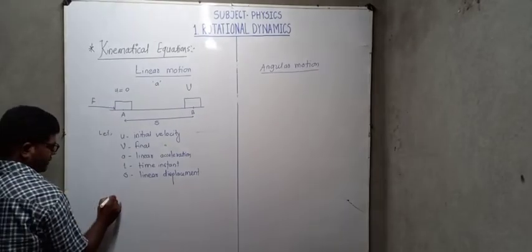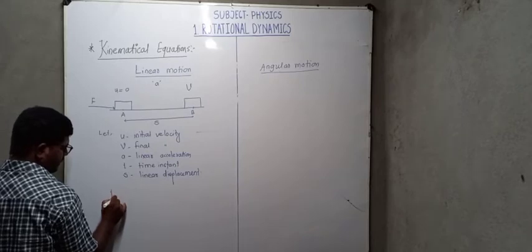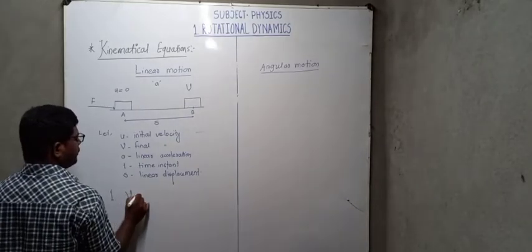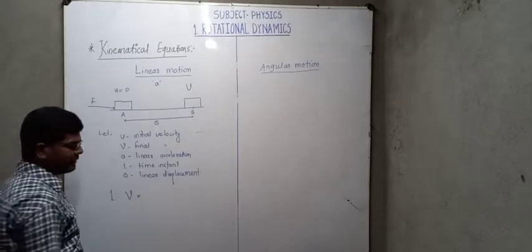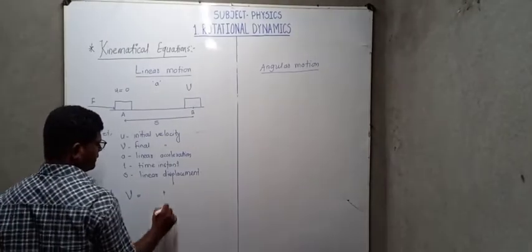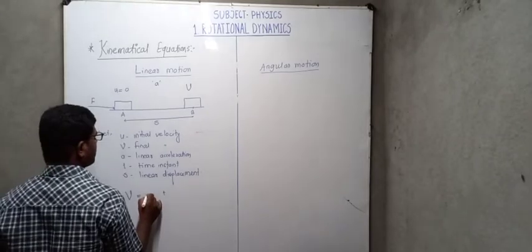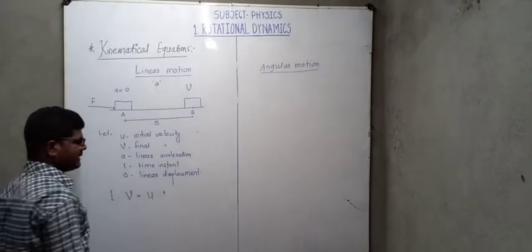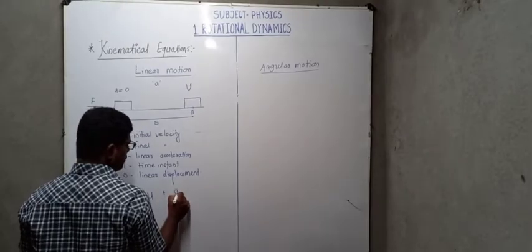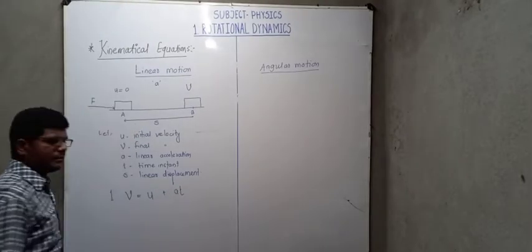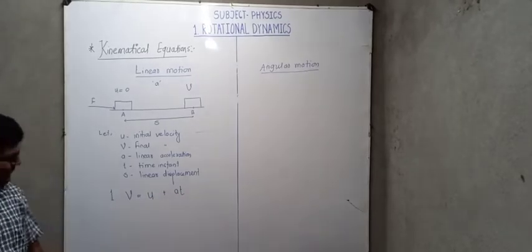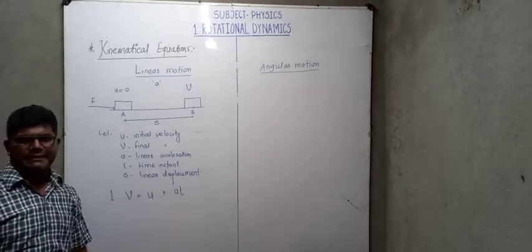Now, the first kinematic equation for linear motion is that the final velocity of the body v is equal to the sum of initial velocity and the product of acceleration and time instant, that is v is equal to u plus at.